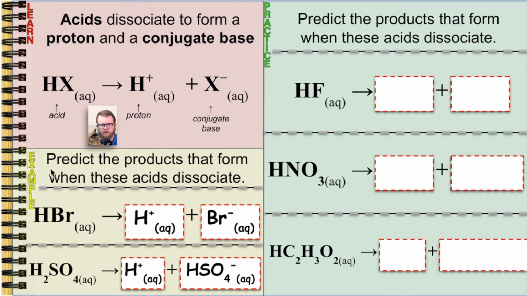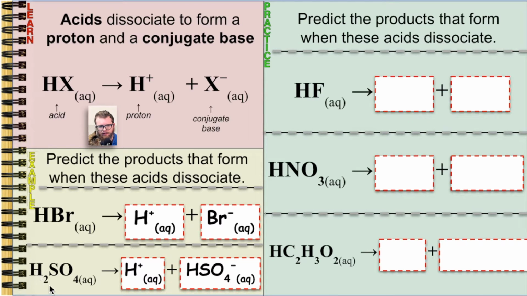So, some examples of that. We can predict the products that form when these acids dissociate. If we have HBr, well, they always form a proton, so H+, which means this H fell off the Br, and now we have Br-, and they're both aqueous.